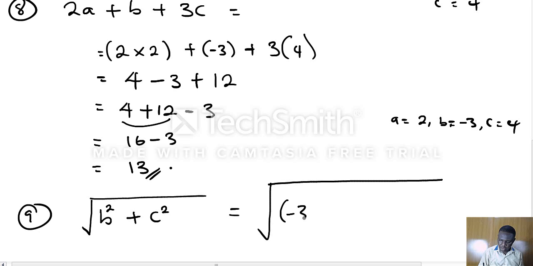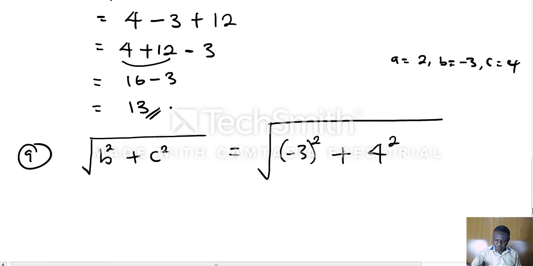That will be minus 3 squared, plus C squared, which is 4 squared. Ladies and gentlemen, let me inform you that this square root cannot automatically cancel out these squares, because this is an expression and not a term. So that operation will be very wrong.